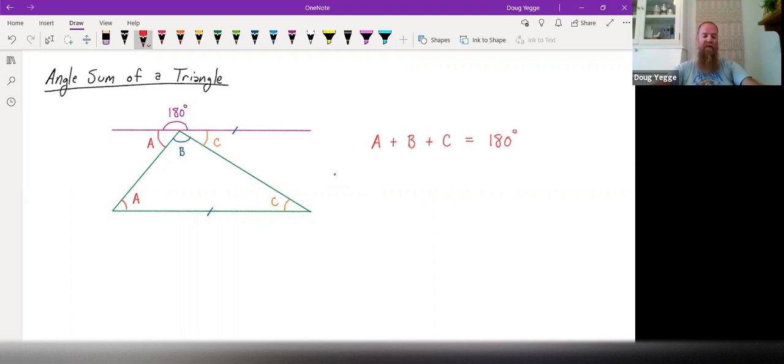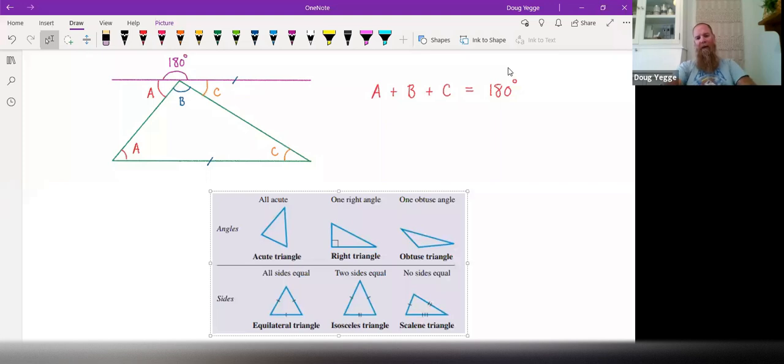And this is an extremely important relationship that allows us to say, if we know 2 angles, let's say we know angle A and C, if all of them have to add up to 180, we should be able to just subtract from 180 to find the final angle. And this is going to be an extremely important result for trigonometry.